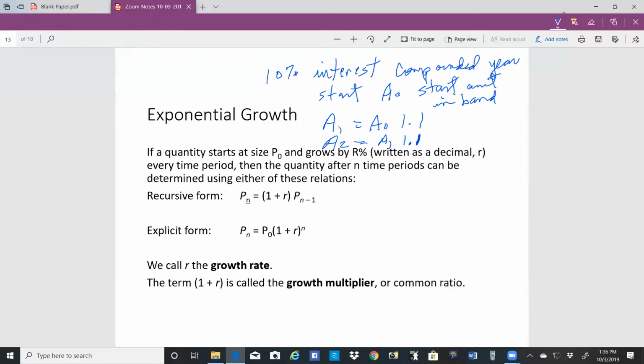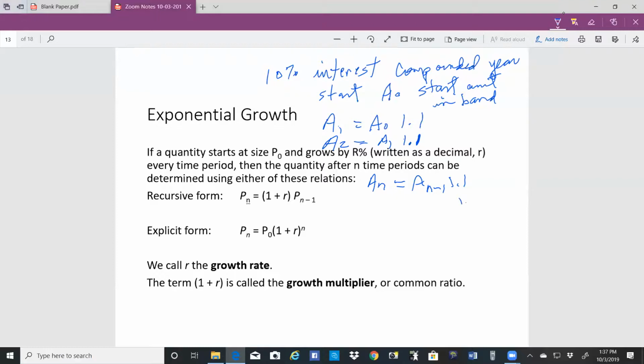So we can have a formula that says A sub n, like the nth year, is equal to the amount you had in the previous year, A sub n minus 1, times 1.1.